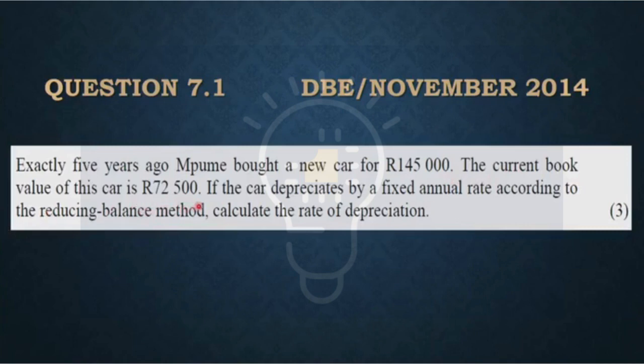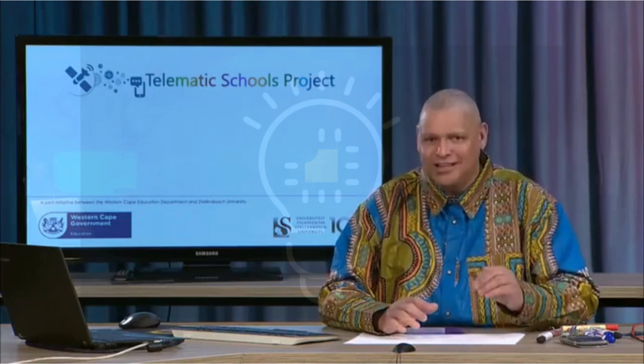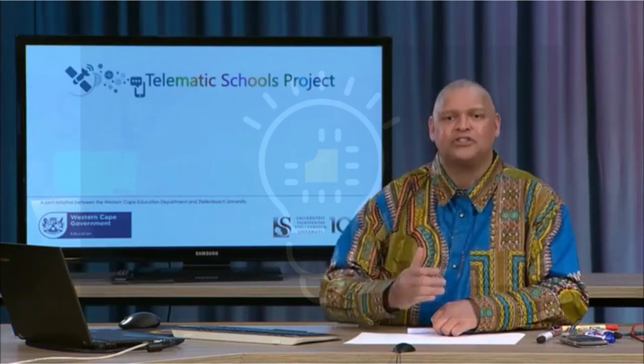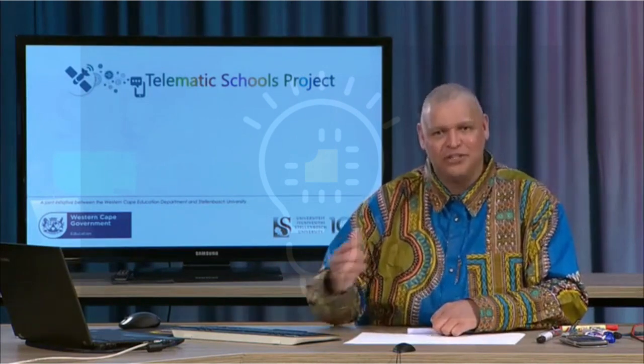So obviously depreciation has set in. If the car depreciates by a fixed annual rate according, notice the point now, to the reducing balance method, calculate the rate of depreciation. Grade 12s, there is no doubt as to which formula we have to use. It's certainly not the straight line depreciation formula, because the question says according to the reducing balance method.